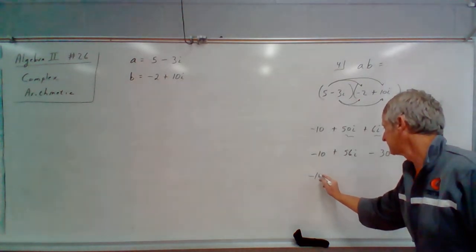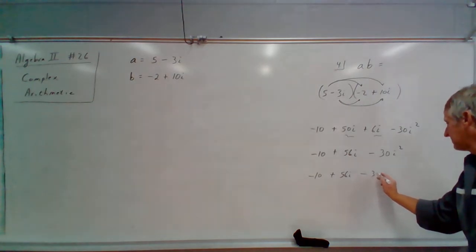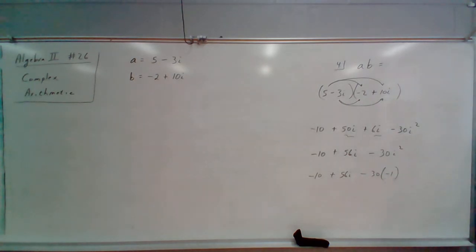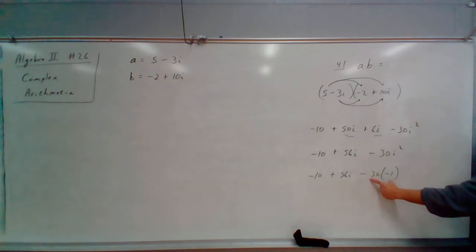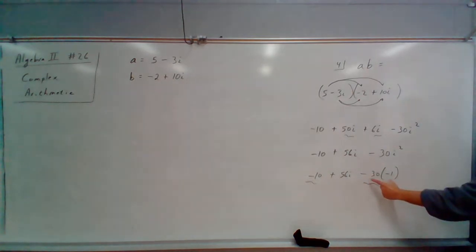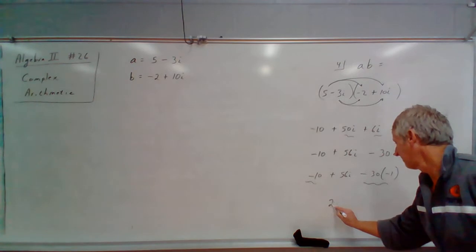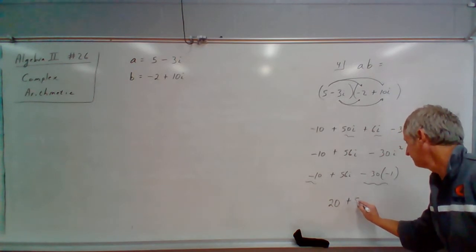So I have negative 10 plus 56i minus 30 times negative 1. So this becomes plus 30, and I can combine these two like terms now. So plus 30 minus 10, I'll have 20 plus 56i.